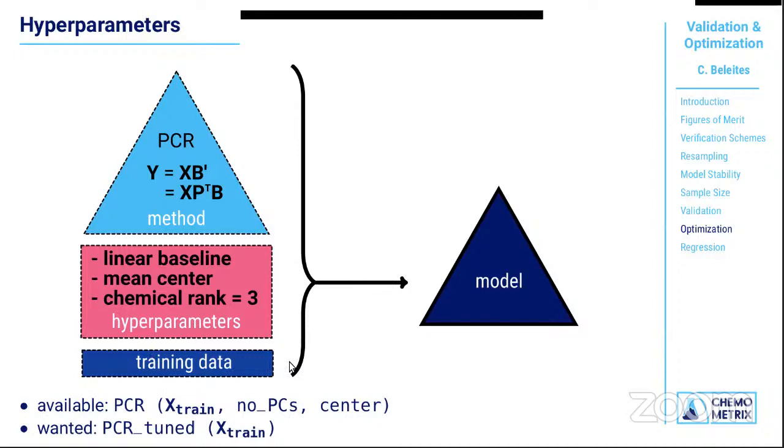So if we come from the application side, we really wouldn't want to worry about this kind of number of principal components and centering and whatever. We would like to have a training function where we put in the training data and then get out the model, and that's the final model and ready to use.